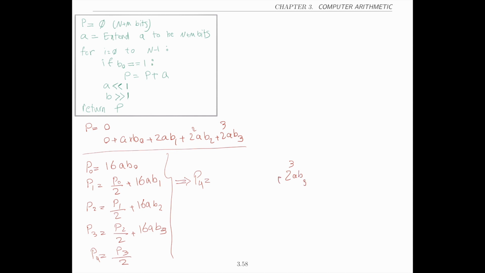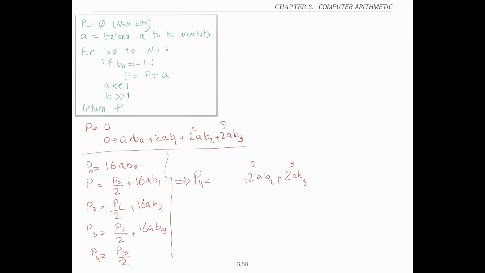We are going to have 16 times AB2 divided by 2 once here to get the P3, and then once divided here again by 2 to get P4. So it's going to get divided by 2 twice. So instead of 16, which we started with, it's going to have a multiplicand of 2 to the 2, AB2.